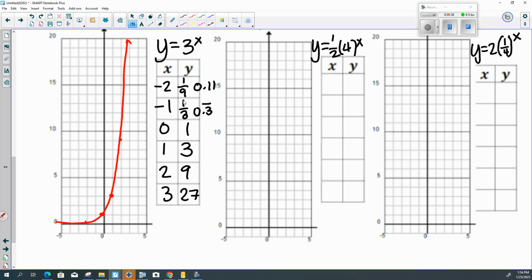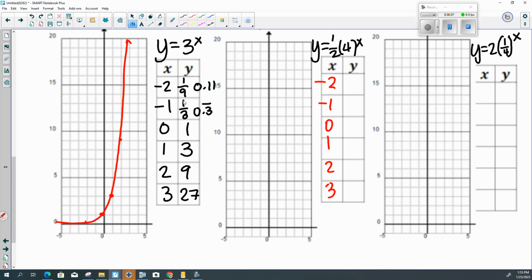All right, let's try this next one. Go ahead and type, if you have not already, 1/2 times 4 to the power of -2. Let's see what we get. So you do 1/2 times 4, and then the 4 is to the power of -2.